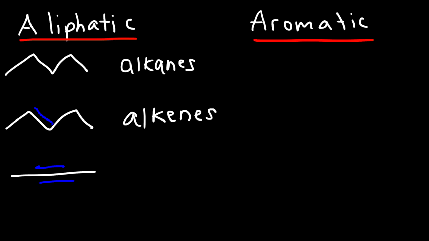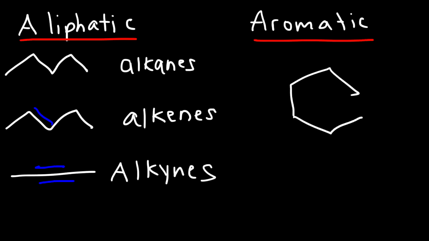These are all considered aliphatic hydrocarbons. An aromatic hydrocarbon, the most popular example, is the benzene ring, which has 3 alternating double bonds inside a cyclohexane ring. This is also known as an arene.